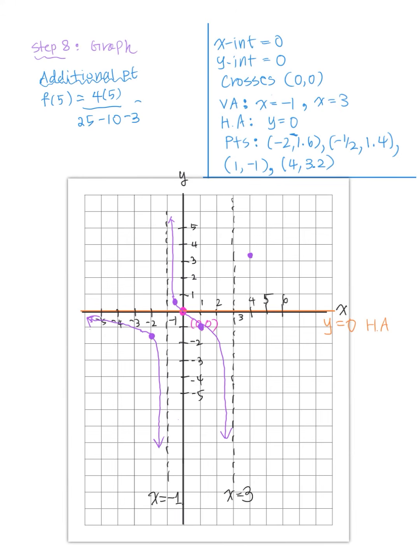That gives us 20 over 12, which is 5/3, which is 1.6. So for sure, the graph is also going to cross the point 5, 1.6. Where is that? 5, 1.6 will be here. So this blue one is the test point.